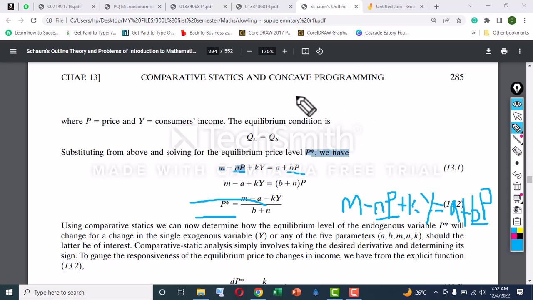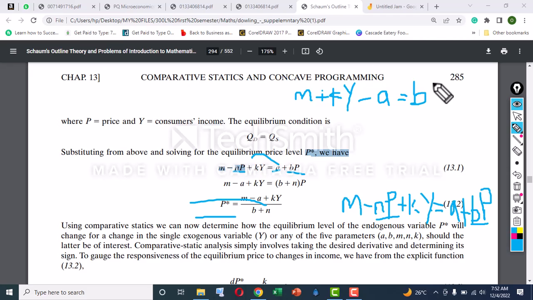So we have m plus ky, because I'm moving this minus mp to the other side, and I'm moving a to this side. So this will be minus a, equals bp here.